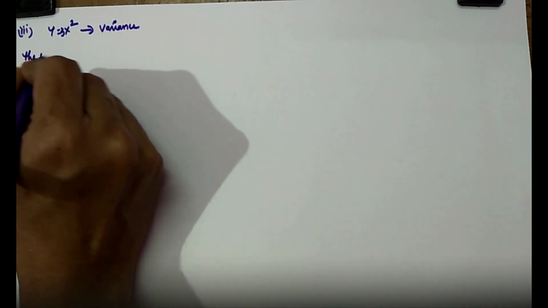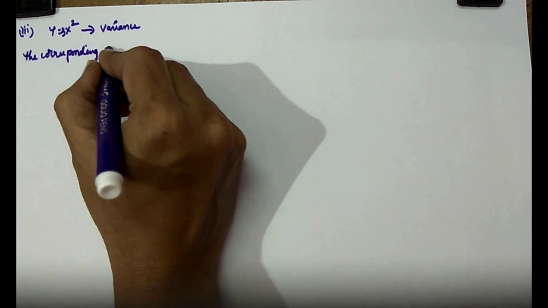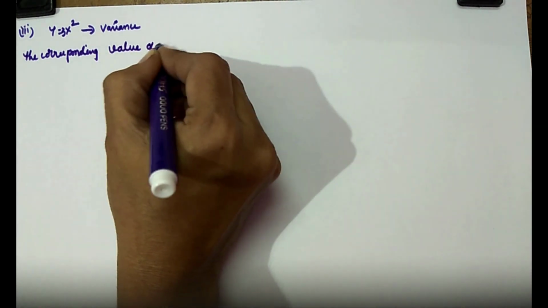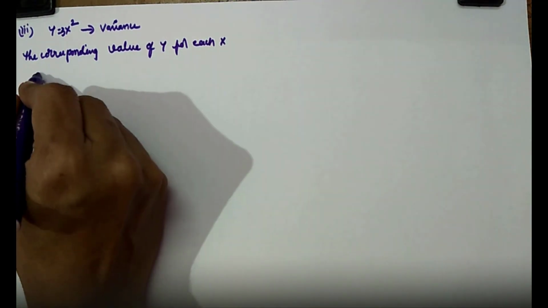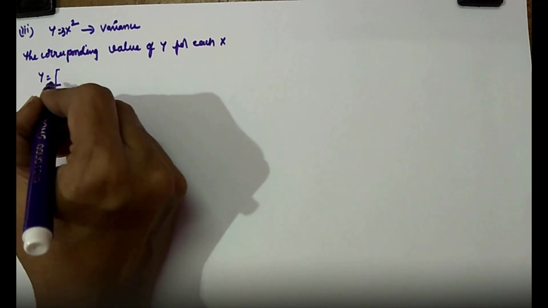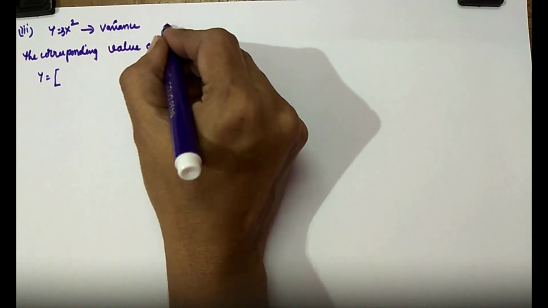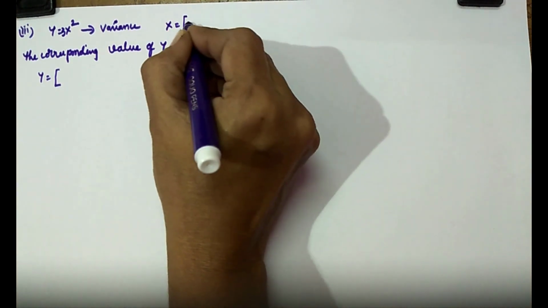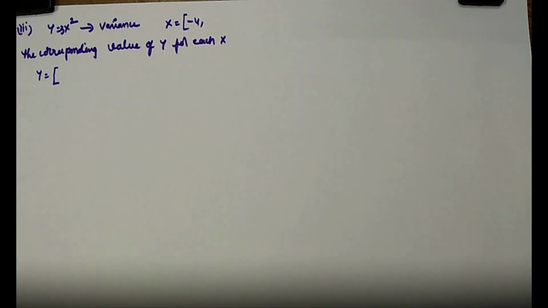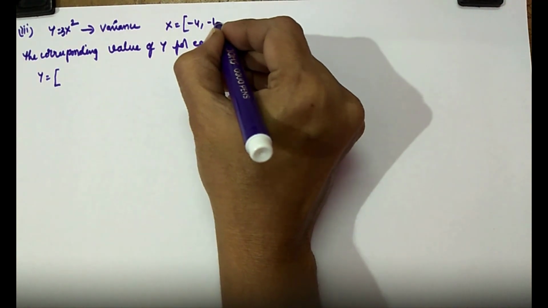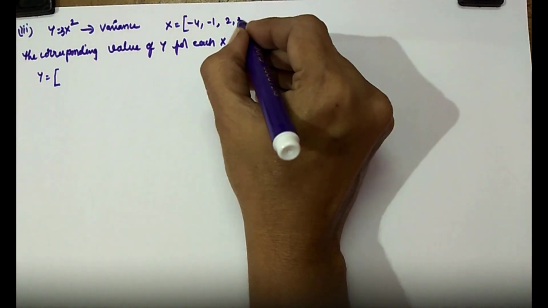The corresponding values of y for each x. How to calculate? What is x? -4, -1, 2, 3 and 4.